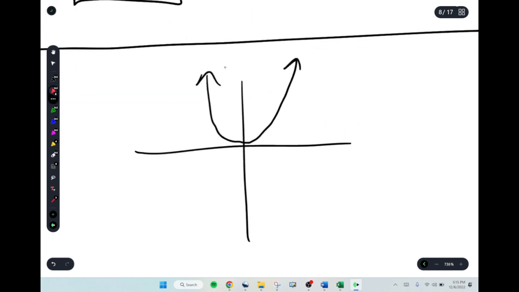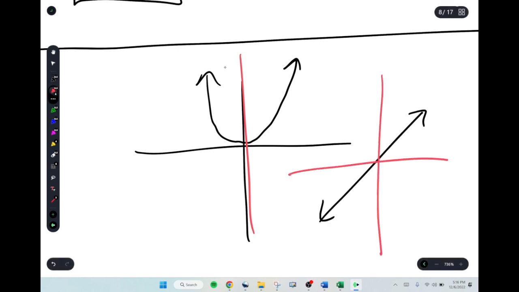Is that little parabola symmetric at all? Looks like that, right? Symmetry exists for some things and not other things. Is this one symmetric? Not really. It doesn't flip, right?